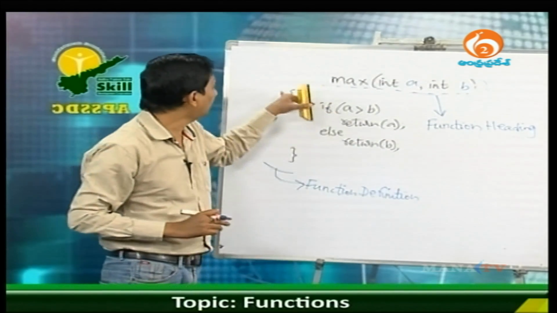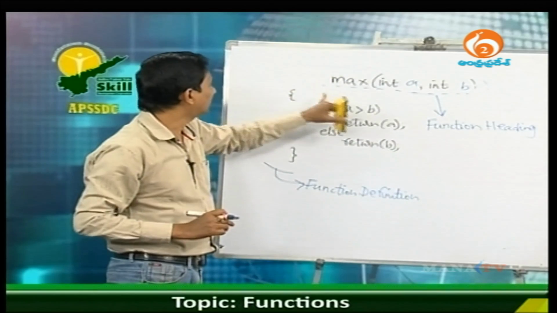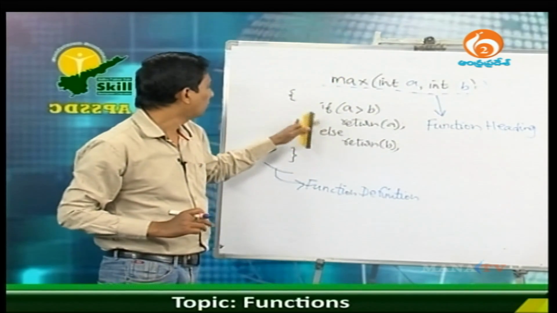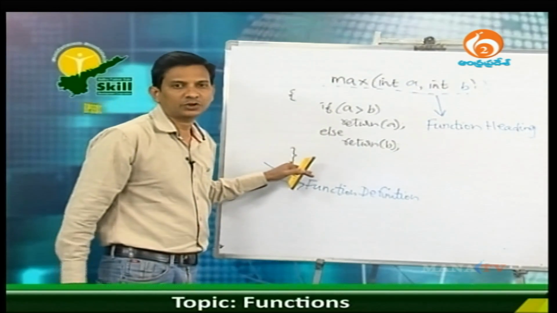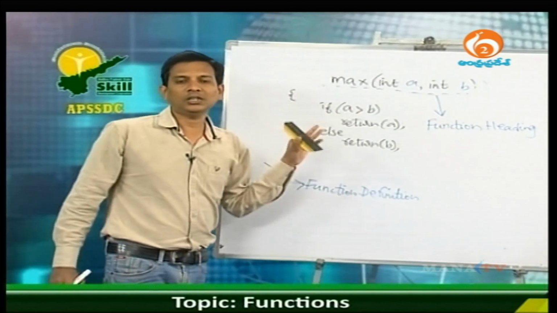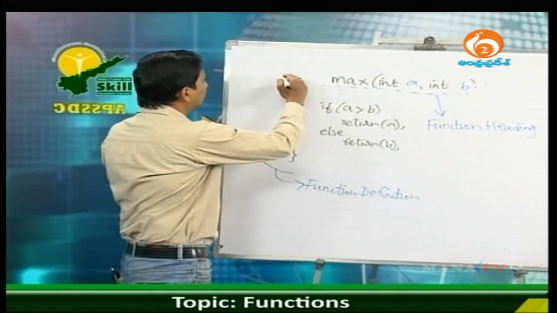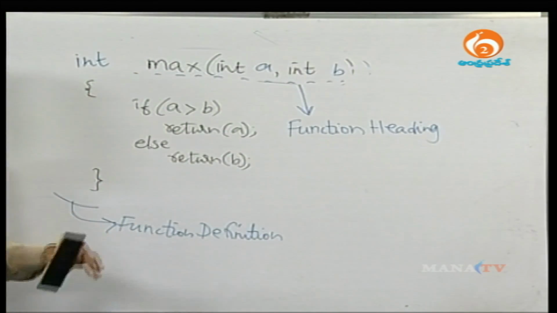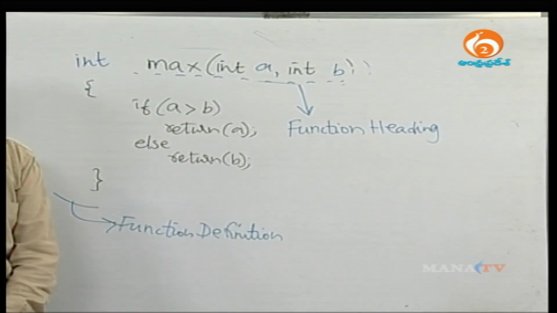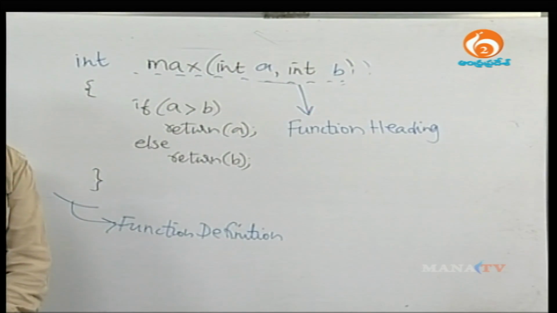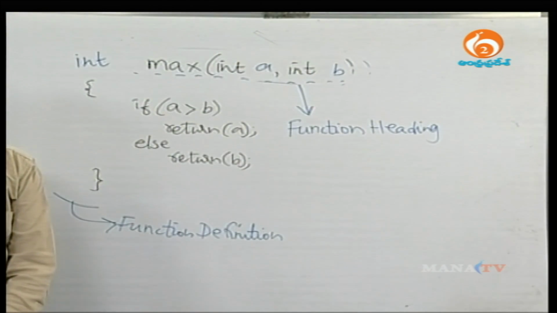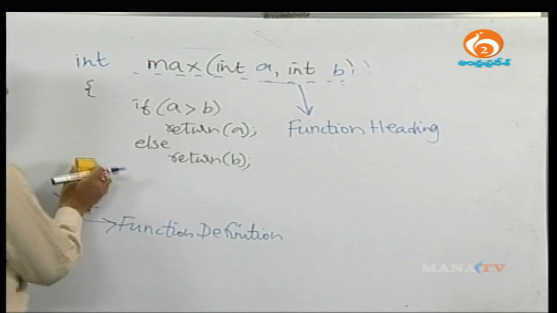If I am not writing any return type, simply the function name, body of the function, end of the function, then the default return type is integer. If a function returns a float value, the return type is float. For example, I will write some more examples here.